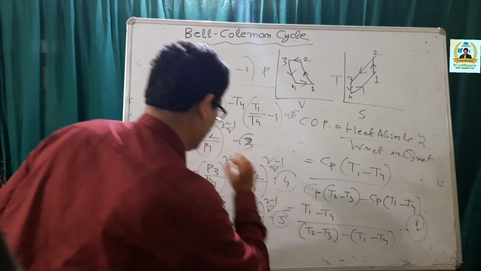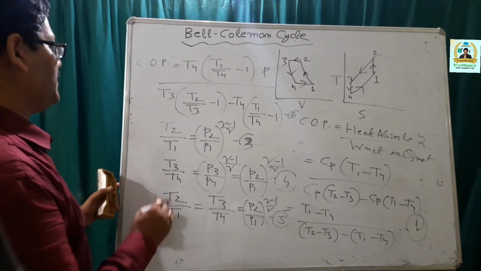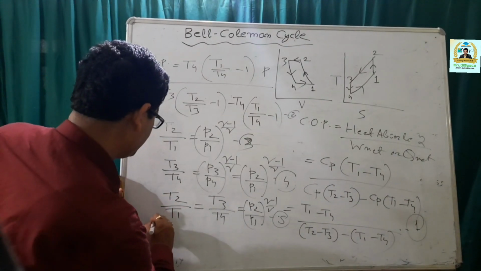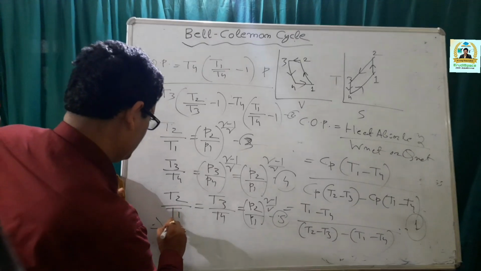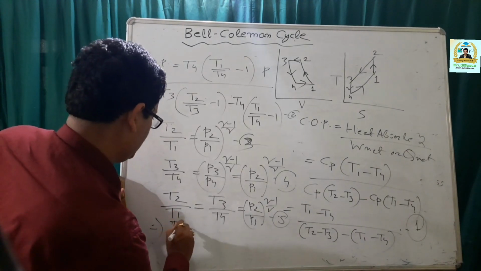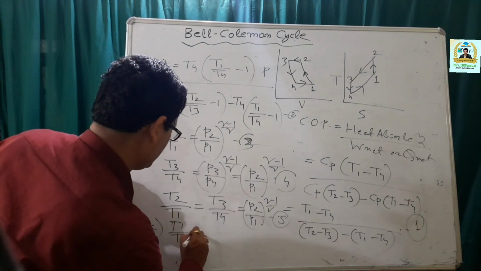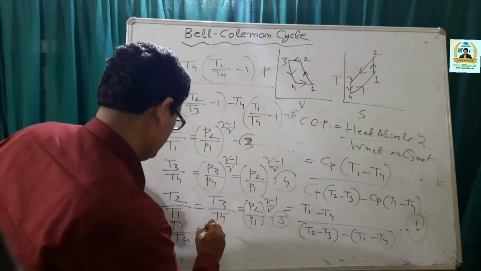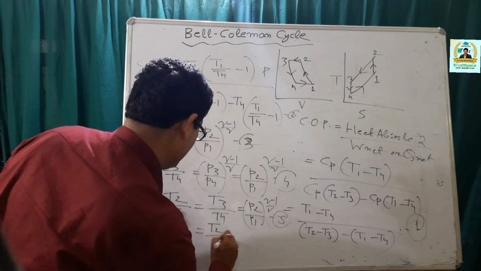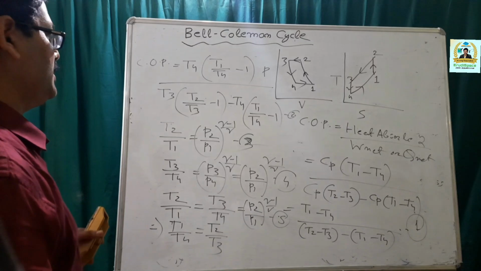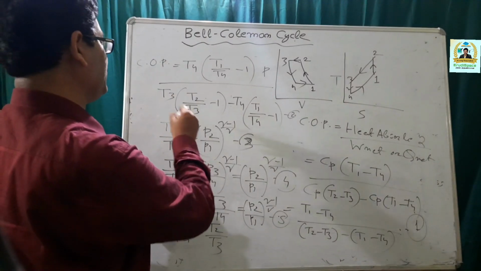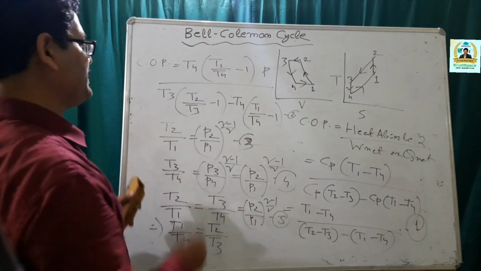Let it be equation 5. Now, from this, T1 by T4 is equal to T2 by T3. So you can substitute T2 by T3 by T1 by T4.